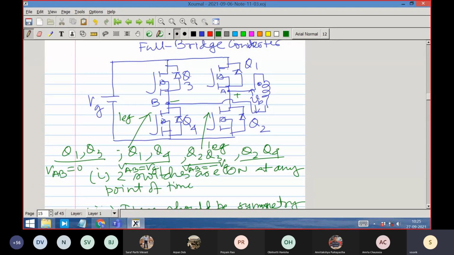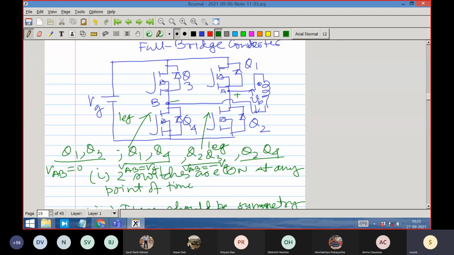Though I had produced negative voltage before, the magnitude was VG by 2 in the half bridge converter. Here I am producing higher voltage for the same current. It means that I am able to transfer more power. Obviously, if you design the converter for a certain inductor current, this time I am able to produce a voltage of VG level instead of VG by 2 level.